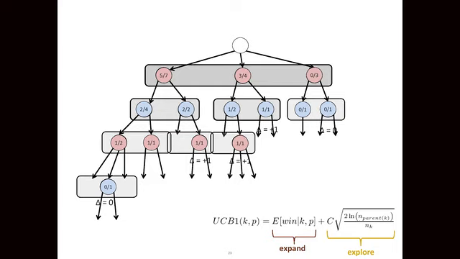And now we're going to descend, and we have these two options. Now, given what you know, would you expect that the node that this is going to pick is going to be the one on the right or the one on the left? On the right, because it's never been visited before, and so this term is going to explode. And so we're going to build a node there. And then we're going to simulate a game, and the result is a win, which is bad for this player. That means that he probably didn't want to make that move.